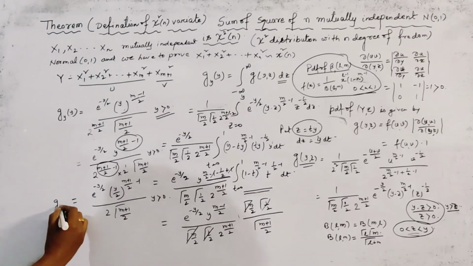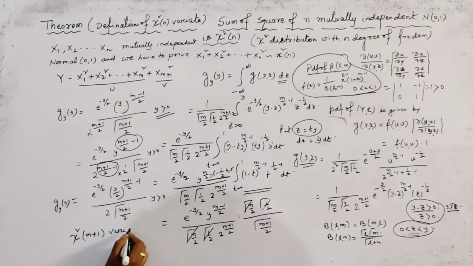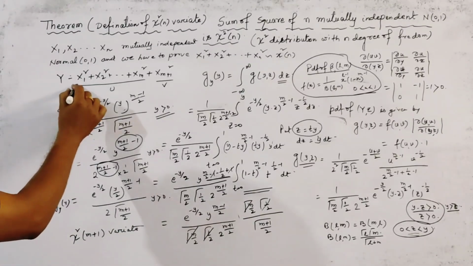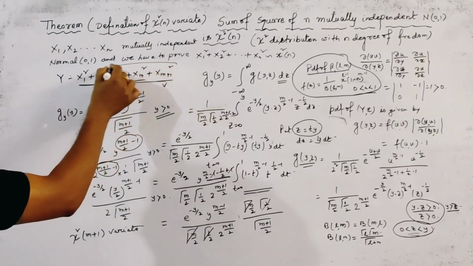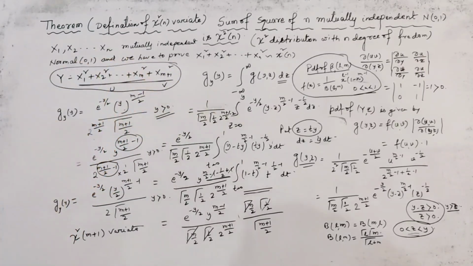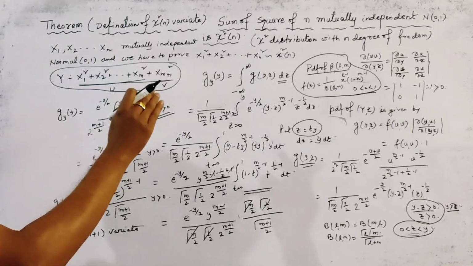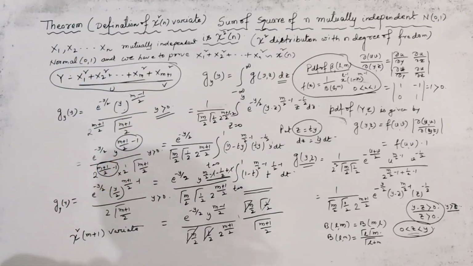This is the marginal PDF of y, and this is nothing but a Chi-Square m plus 1 variate. Okay, so we say that y, this is u plus v, is a Chi-Square m plus 1 variate, which is the sum of the squares of m plus 1 independent standard normal variates.